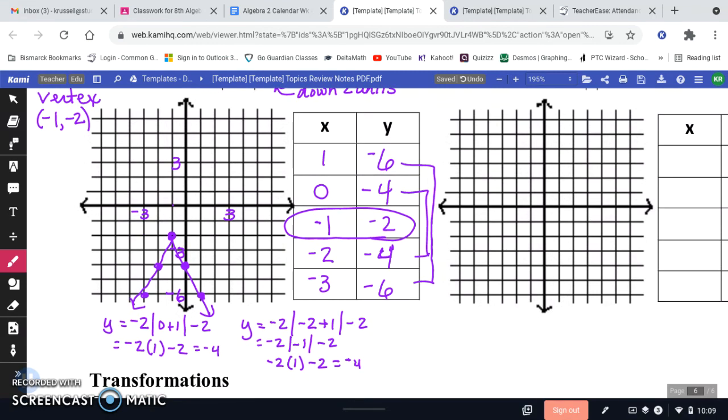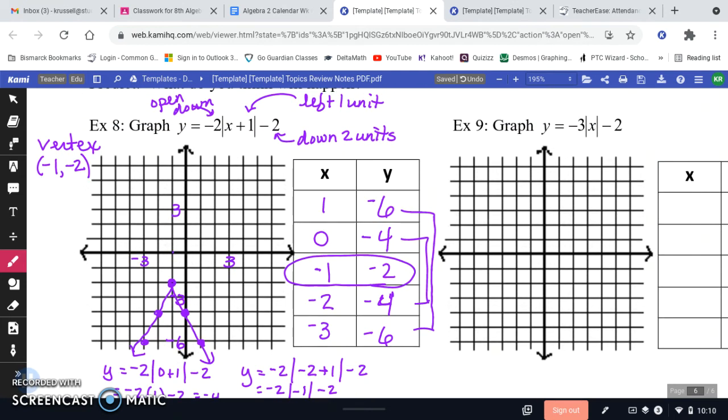Now something else I want to show you, and that might be helpful, is yes, this value is -2, and so it opens down, but that 2 also affects the steepness.